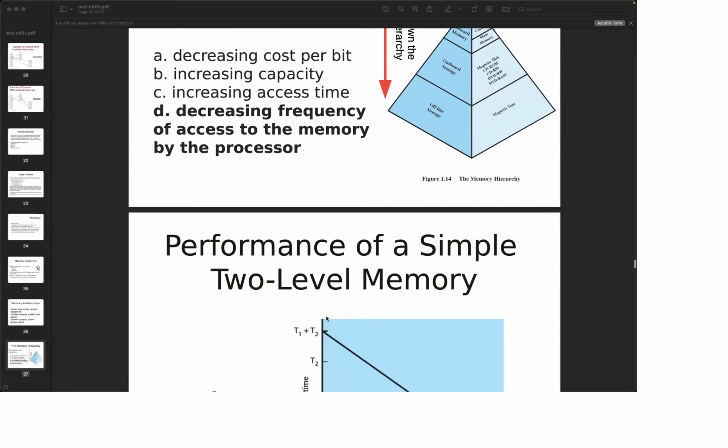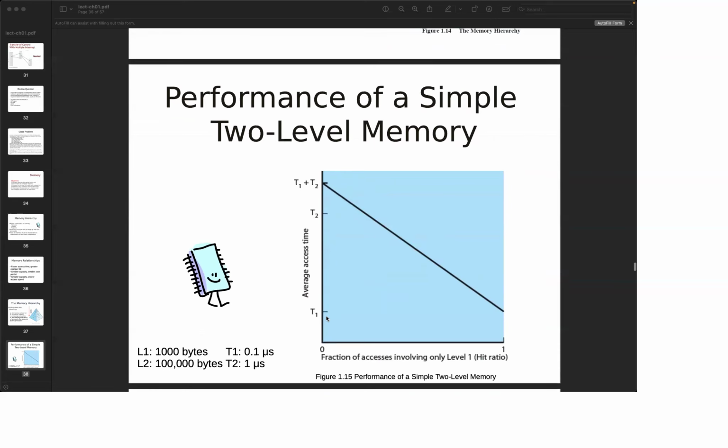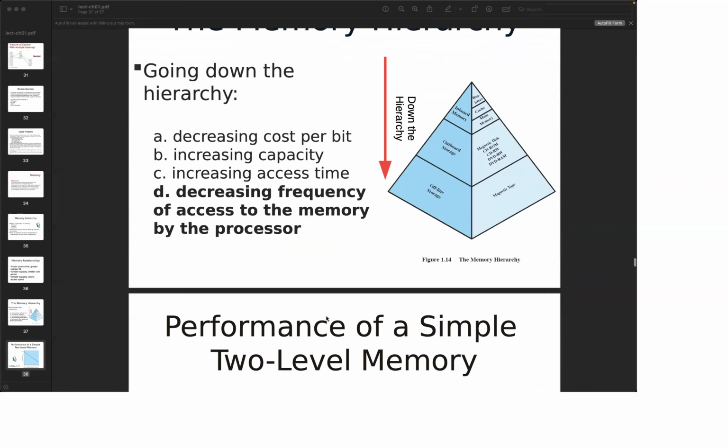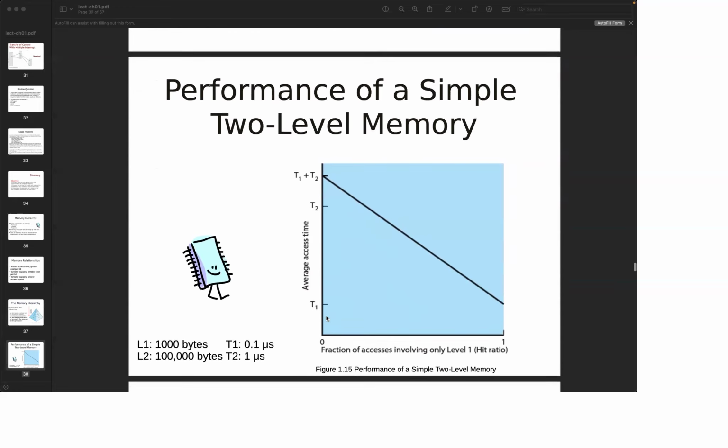And with all this we have limitations, and this one is kind of old school. They call it 2-level memory, because they have different types of memory.